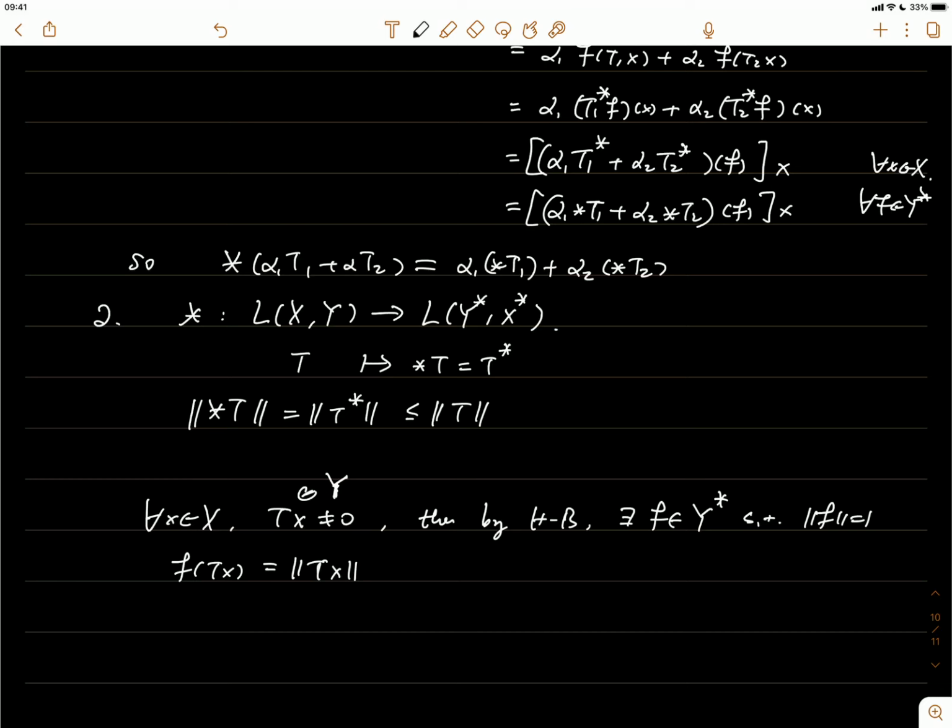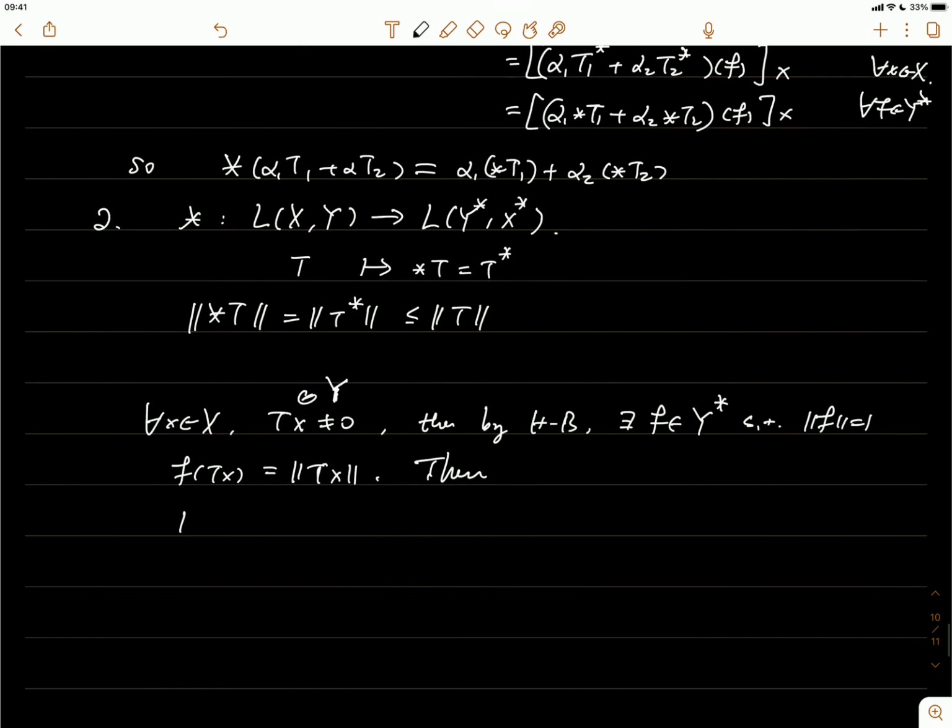Okay? We know that this is true. There exists some F such that this is true. And from here, we can see, well, look at the Tx norm. This is equal to F of Tx, right? And according to our definition of the adjoint operator, it's just T star of F applied to X.